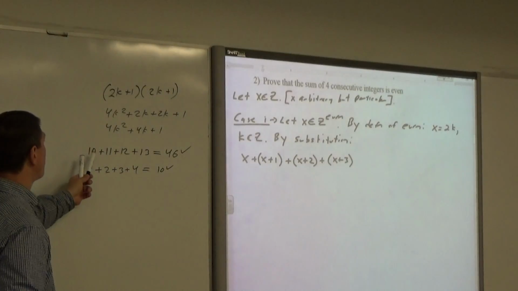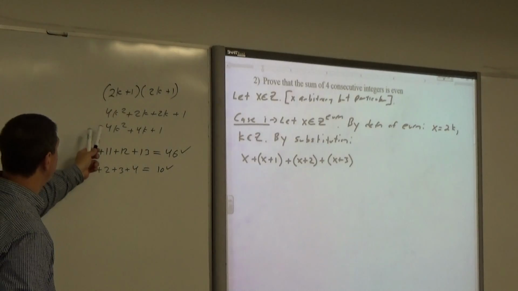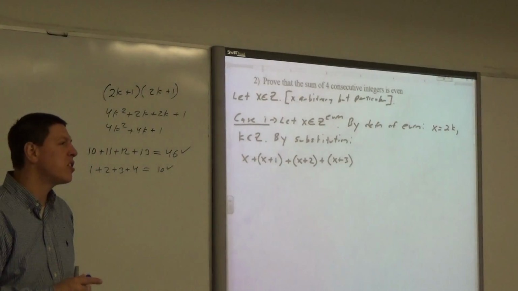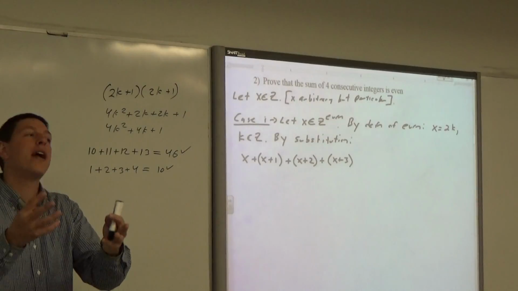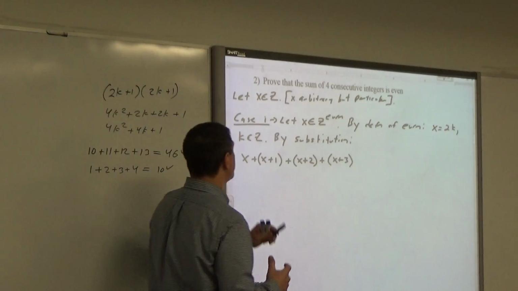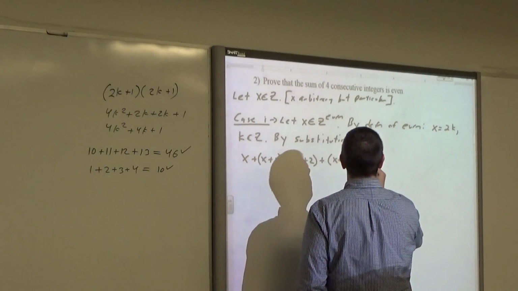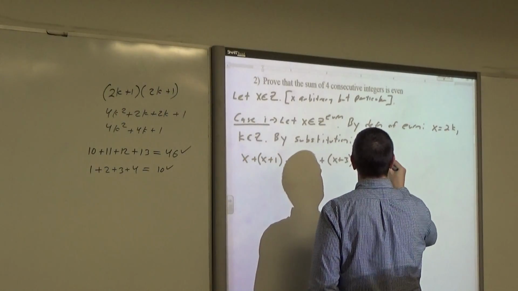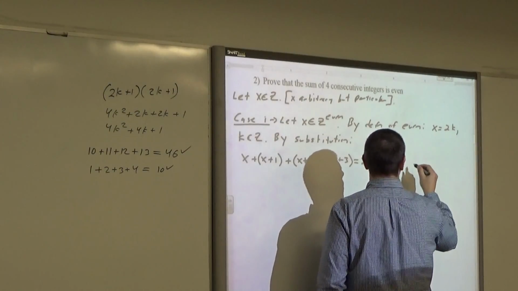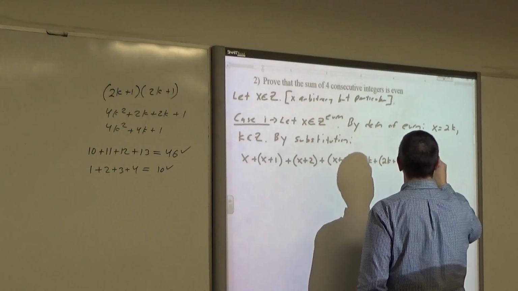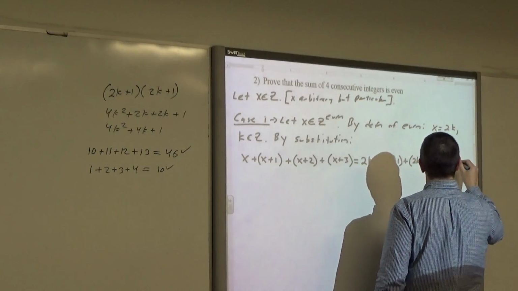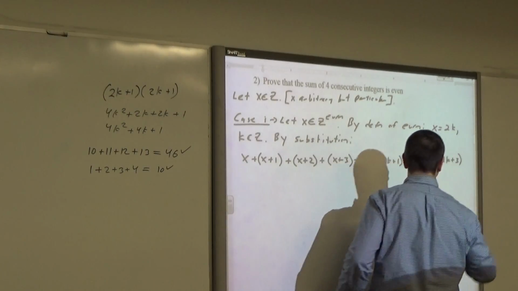So think of the first number being 10. 10, 10 plus 1, 10 plus 2, 10 plus 3. Does that make sense to everybody as to how we define consecutive integers? Not too difficult. By substitution, doesn't this become 2k plus (2k plus 1) plus (2k plus 2) plus (2k plus 3), right guys?